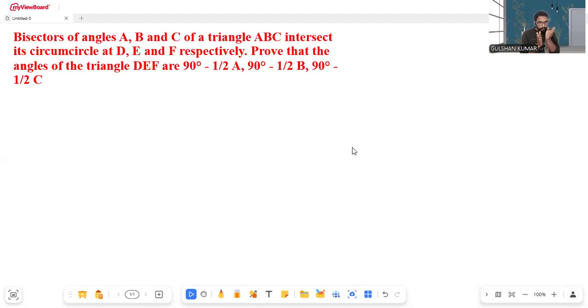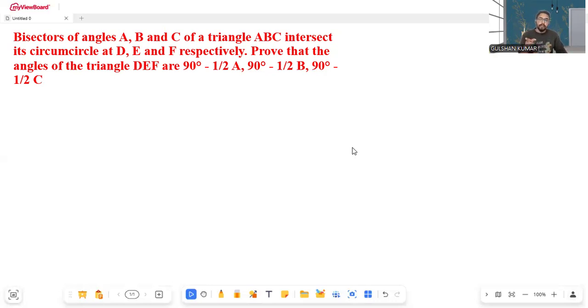The angles formed by the triangle made from the produced bisectors will be 90 degrees minus half of A, 90 degrees minus half of B, and 90 degrees minus half of C. See, this question will be easily understandable by the diagram.